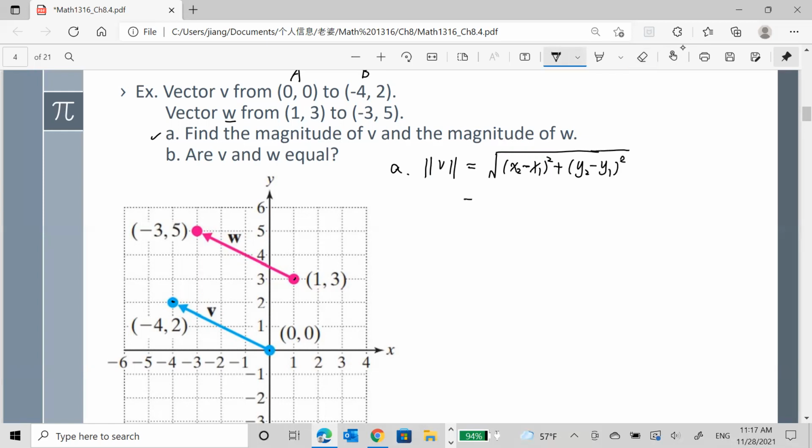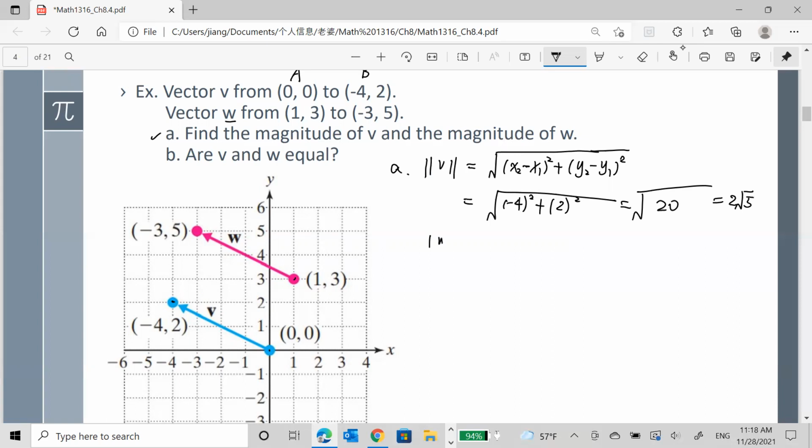So plug in: B is (x2, y2). So -4 minus 0 is -4, squared, plus 2 minus 0, that's 2 squared. So this equals the square root of 16 plus 4, which is 20. So this one is 2 times the square root of 5.